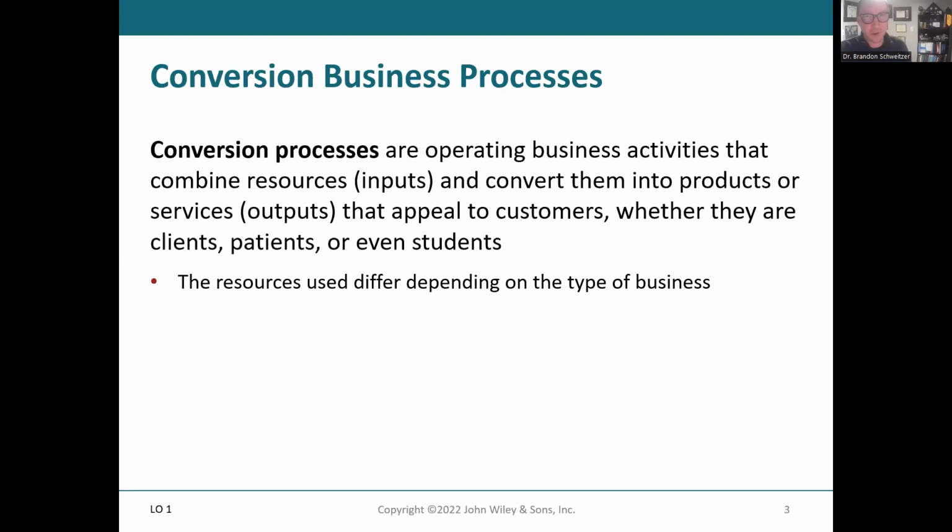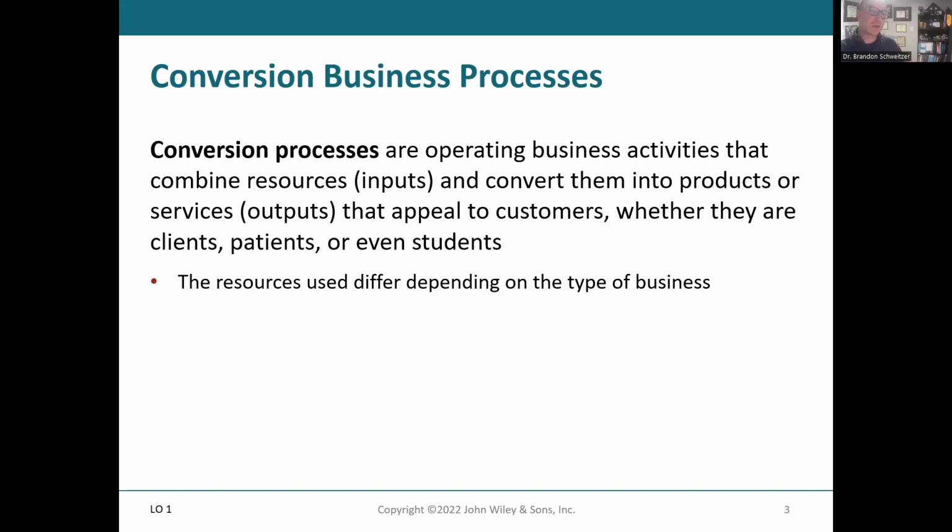First, understanding the conversion process. This is where the business activities combine the resources and convert them into products and services. We call this the work in process component when we discuss things like inventory. As you know, inventory has three classifications: raw materials, work in process, and finished goods.